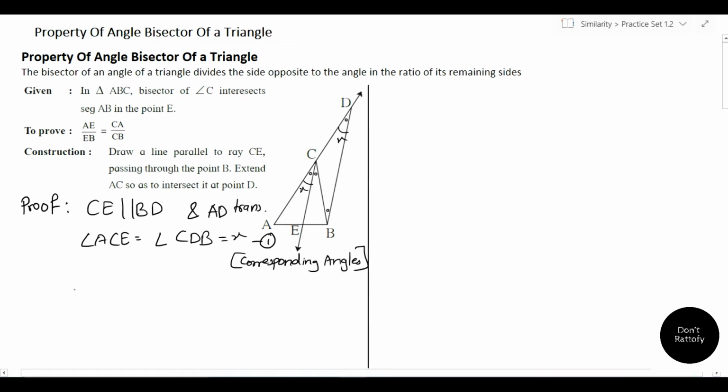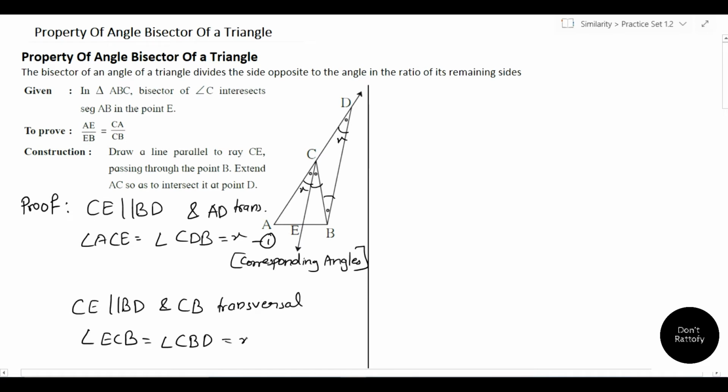Similarly, if we solve ahead, we can say again CE is parallel to BD, but instead of AD, I will take CB as transversal. Then angle ECB is equal to angle CBD.